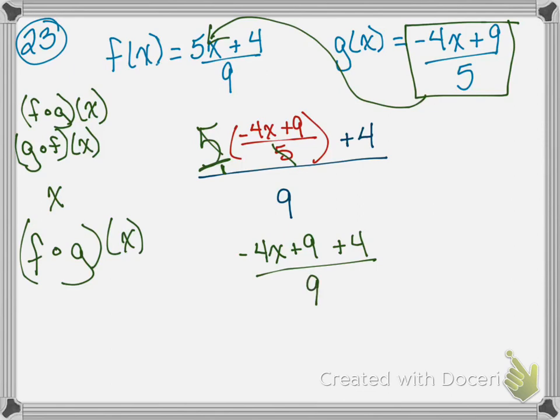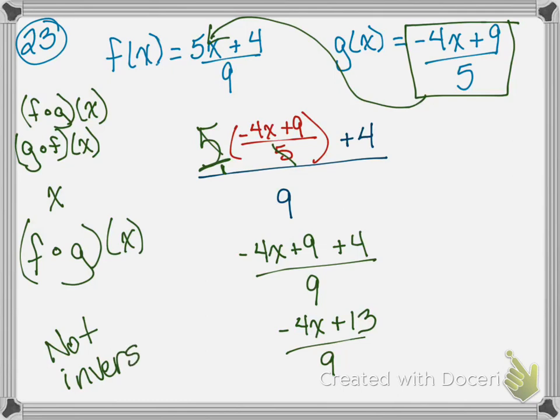And when I do that, I end up with negative 4x plus 13 over 9. And I can't simplify that anymore. So I did not get just x. So that means that these are not inverse functions.